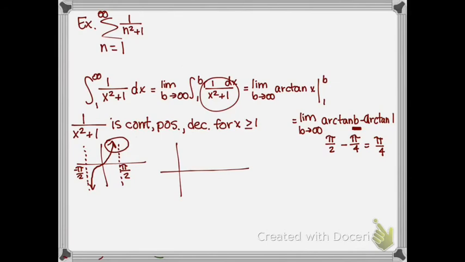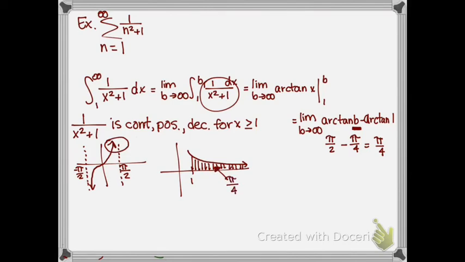So if you recall what we learned when we studied improper integrals a month or two ago, this graph of 1 over x squared plus 1, if we were to determine the area to the right of x equals 1, beneath that graph, this area would equal pi over 4.